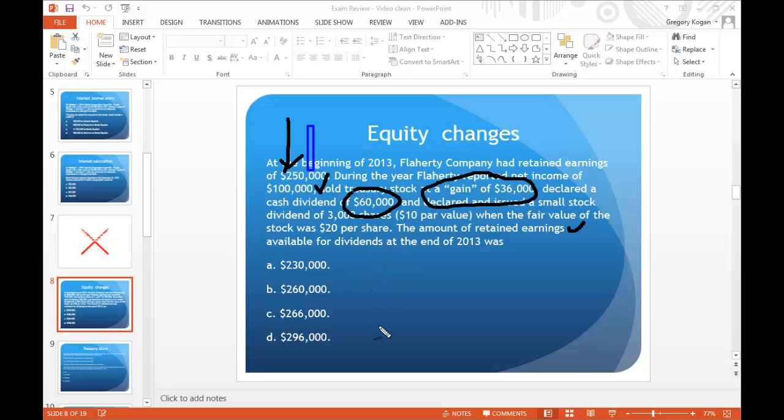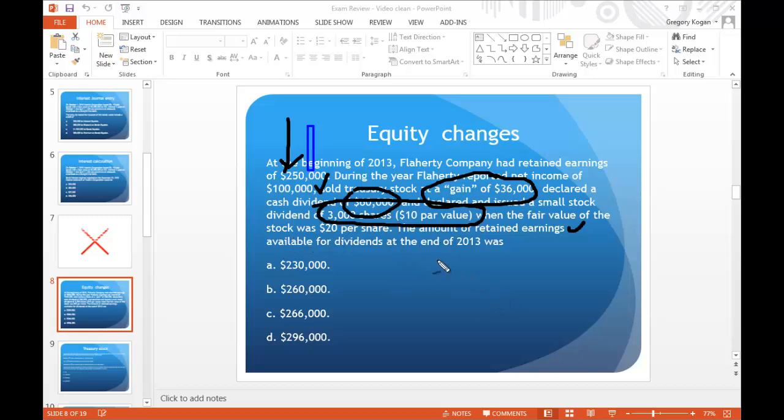Now, cash dividend, that's a minus, right? And then a small stock dividend is also a minus. We have to figure out for how much. So that's 3,000 times the $10 par, right? So that gives us less 30,000. Well, actually, if it's a stock dividend, we have to use the market price per share.